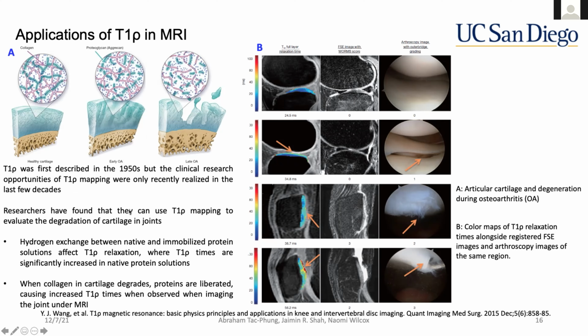What happens is that you have a very short T1 rho when the cartilage is intact, but a very long T1 rho when the cartilage is obliterated.